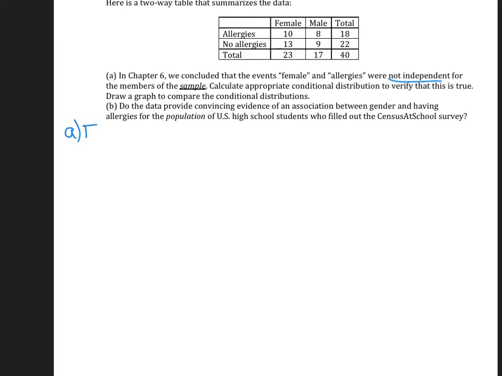So female with allergies, 10 out of 23, because it was the allergies out of the total females, we get 0.435. You might want to get your calculator out.